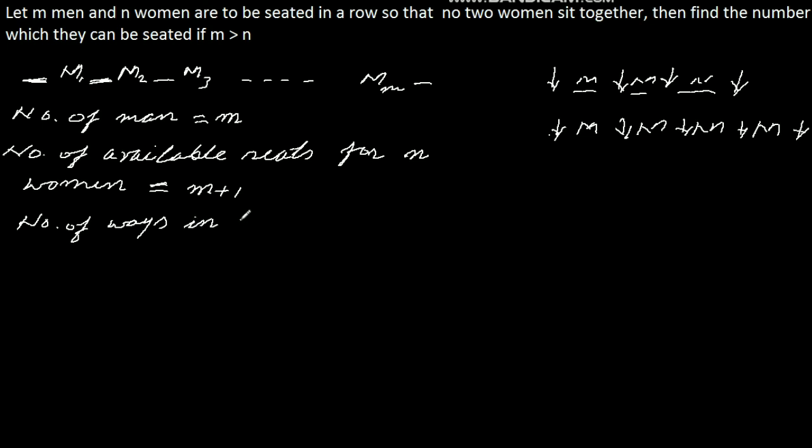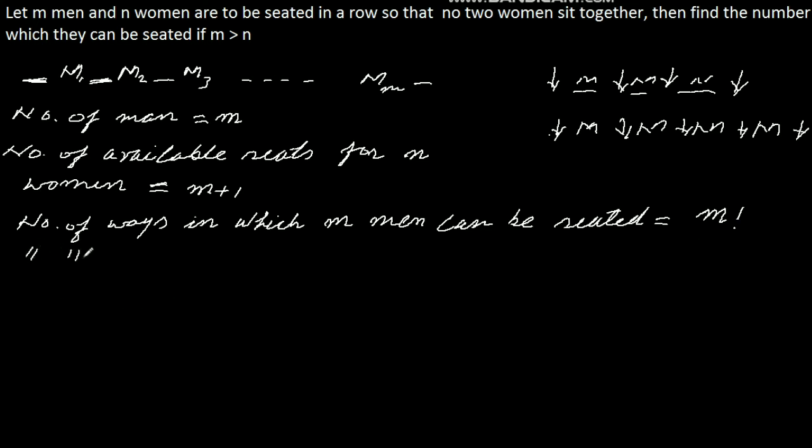The number of ways in which m men can be seated is equal to factorial m, and the number of ways in which n women can be seated is equal to m plus 1 Pn.